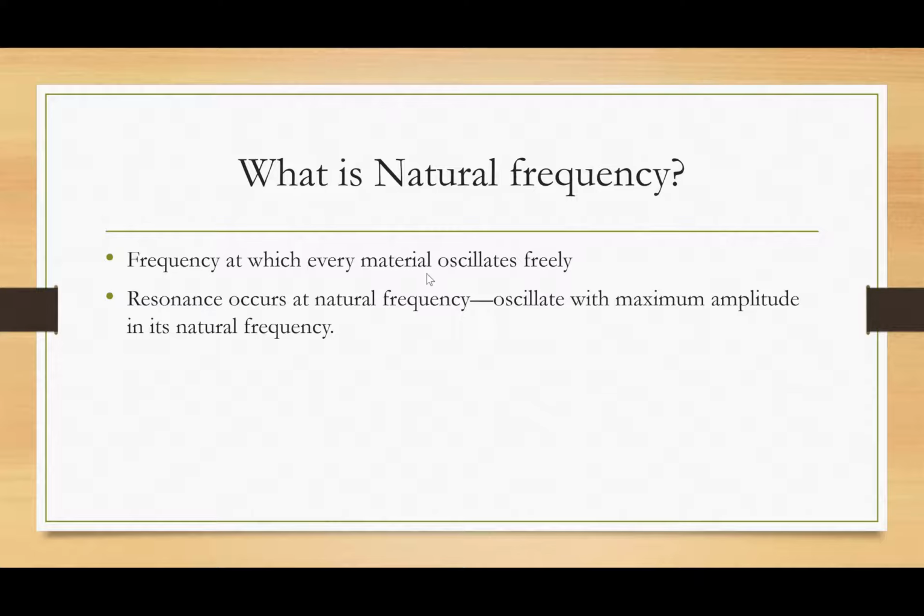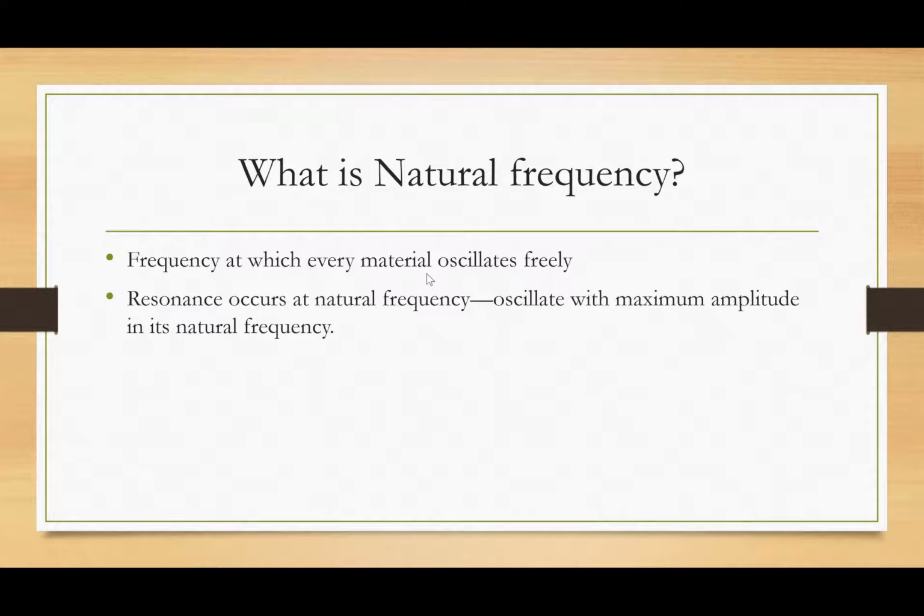So if the natural frequencies of two systems match, then both systems will oscillate with a larger amplitude. That phenomenon is known as resonance. Resonance has many clinical applications, with advantages as well as disadvantages.